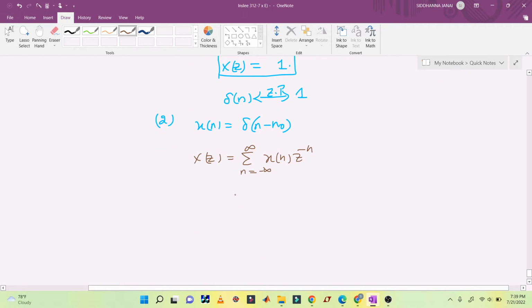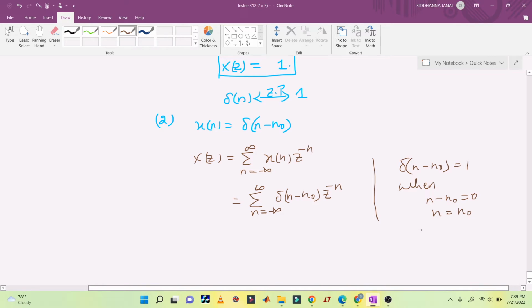Now let us substitute delta of n minus n naught z power minus n. So what is the nature of delta of n minus n naught? It is equal to 1 when n minus n naught is equal to 0. That means n is equal to n naught.